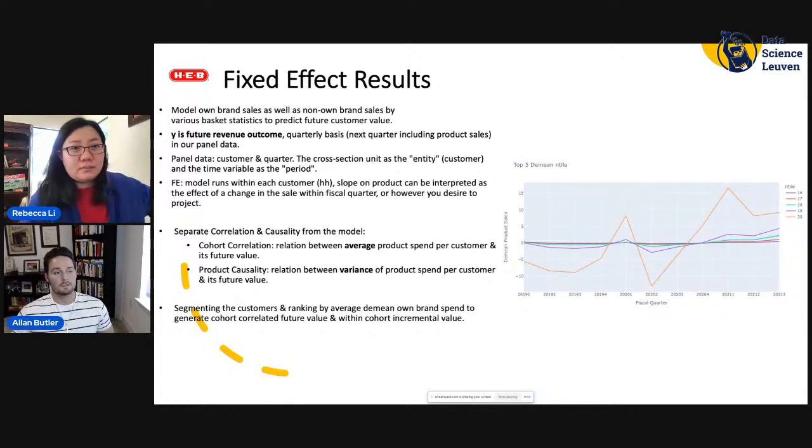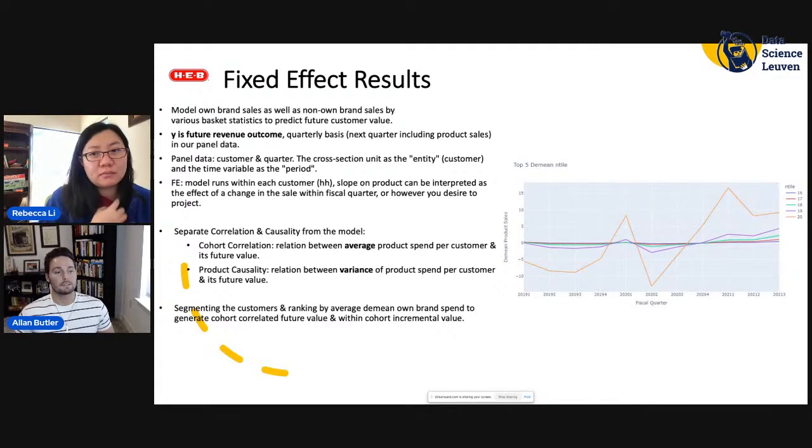So let's look at an example of our results. Although we cannot control for the own brand product sales and other attributes directly, we can control for the individual itself. The data has a timeline of 3 years and is broken into 4 periods a year. In our panel data, the customer is our entity effect and our time variable is the period.